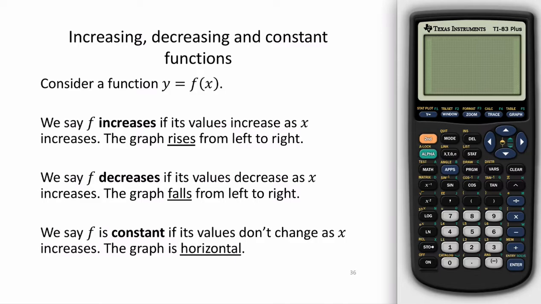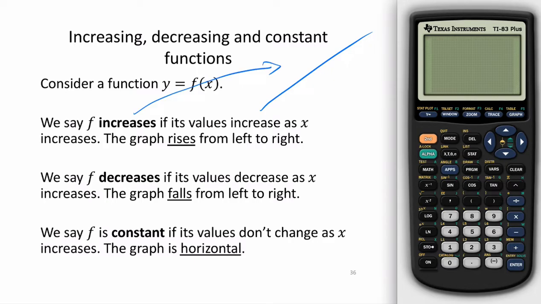and where it's constant. If we're looking at a graph of a function, we can say that f increases as its values increase as x increases. The graph rises. Here's an increasing function. Reading that graph from left to right, function values are going up. That's increasing.